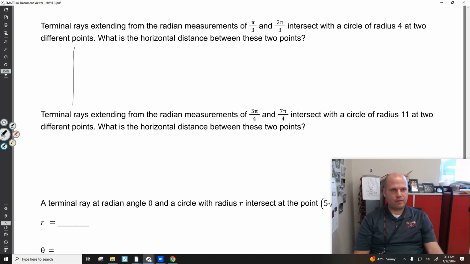Pi over 3 and 2 pi over 3, 60-degree reference angles. 1 in the first quadrant, 1 in the second quadrant. What is the horizontal distance between these 2 points? We're going to intersect our terminal rays with a circle. We're going to pretend there's a circle here. If you want to draw it, great, but I don't want to do it because it gets messy. But what is the horizontal distance?